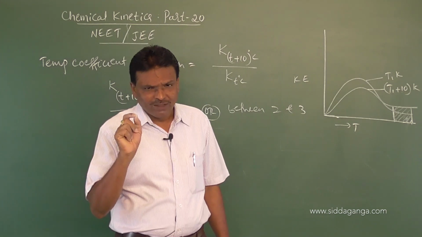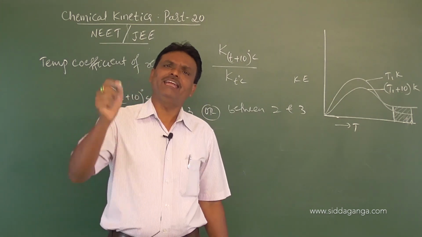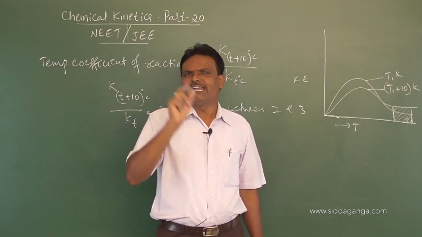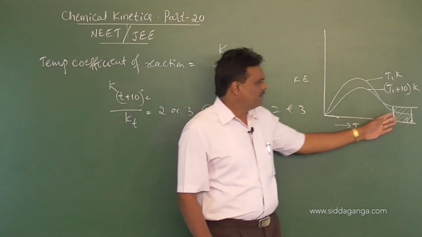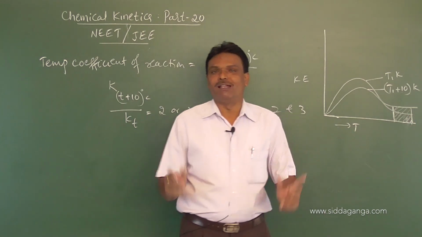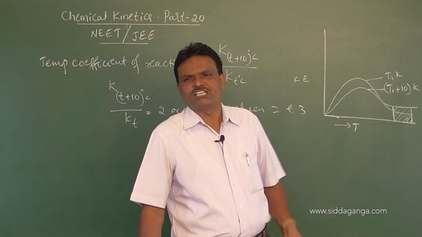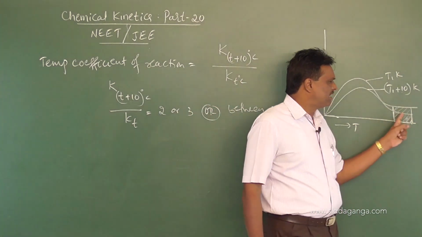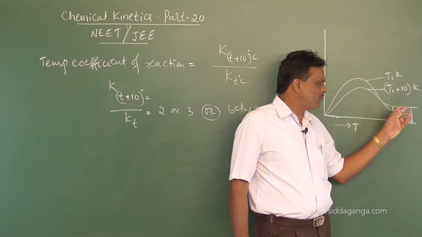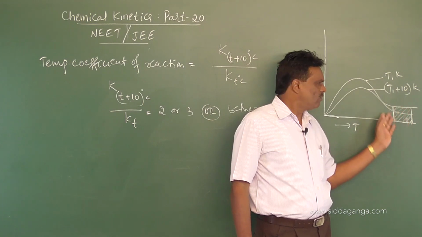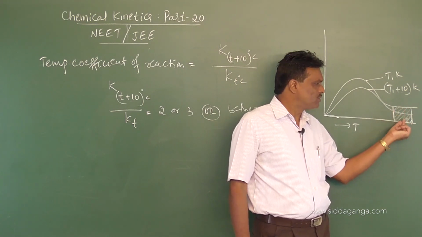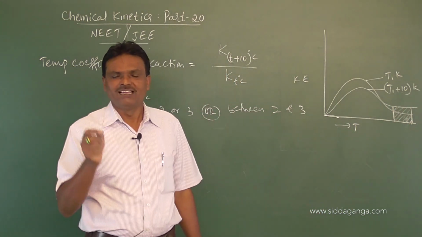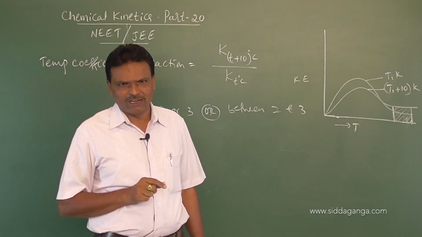So for every 10 degree rise in temperature, the area occupied by the activated molecules, or the volume occupied by the activated molecules, becomes 2 times when the temperature is raised by 10 Kelvin.